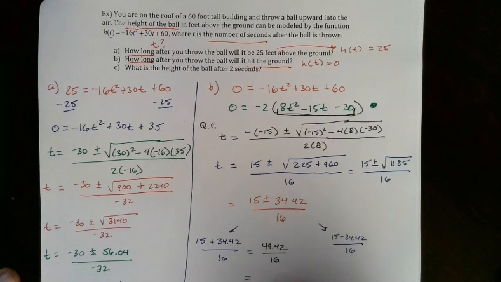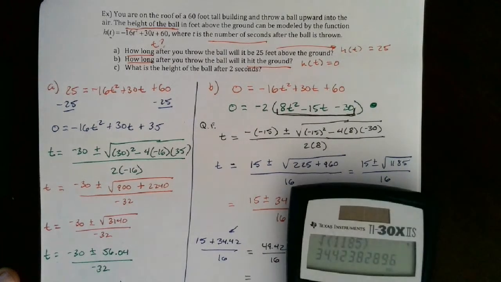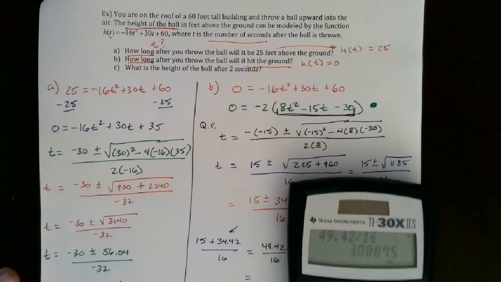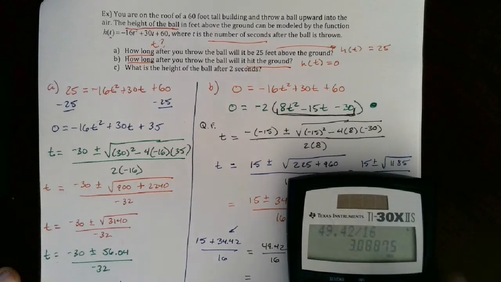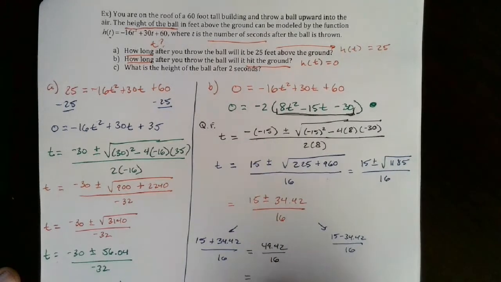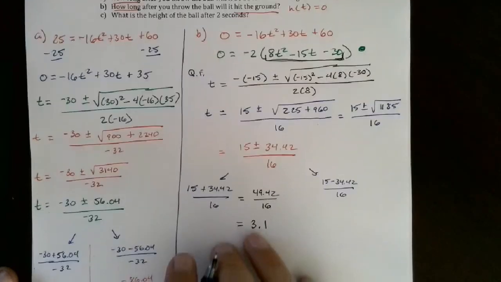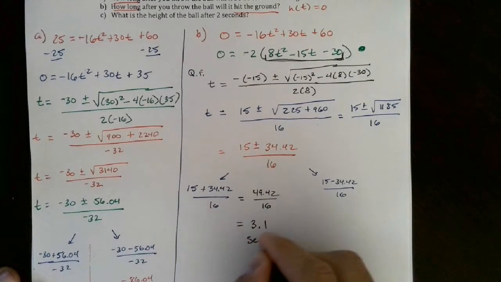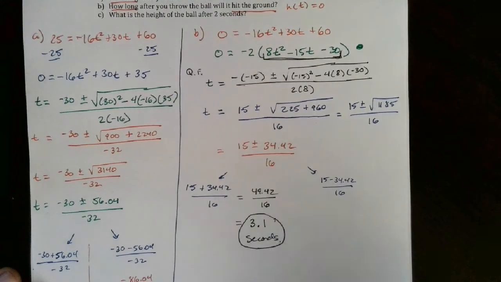So positive divided by a positive is going to be positive. Let's divide it. 49.42 divided by 16, I end up with 3.08875, so 3.1. We'll round to one decimal place, so 3.1, and that is time, remember, so it's seconds, 3.1 seconds.